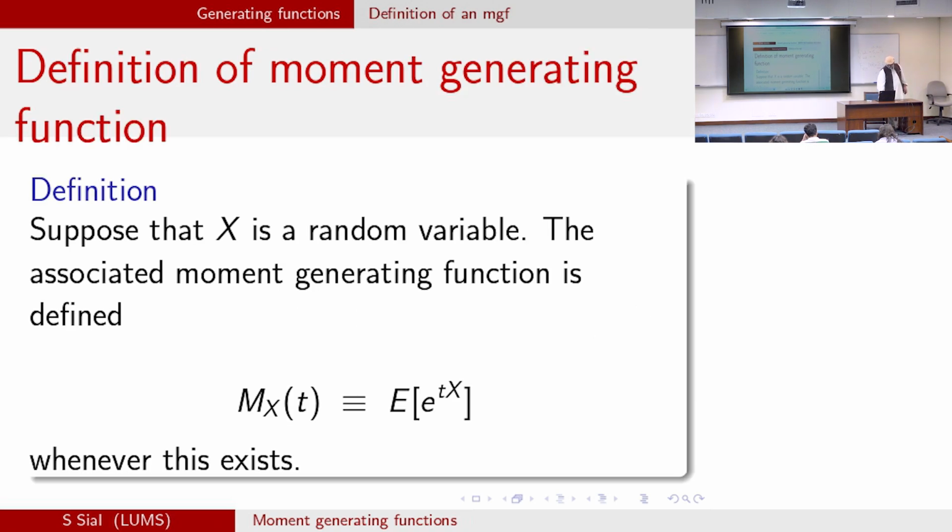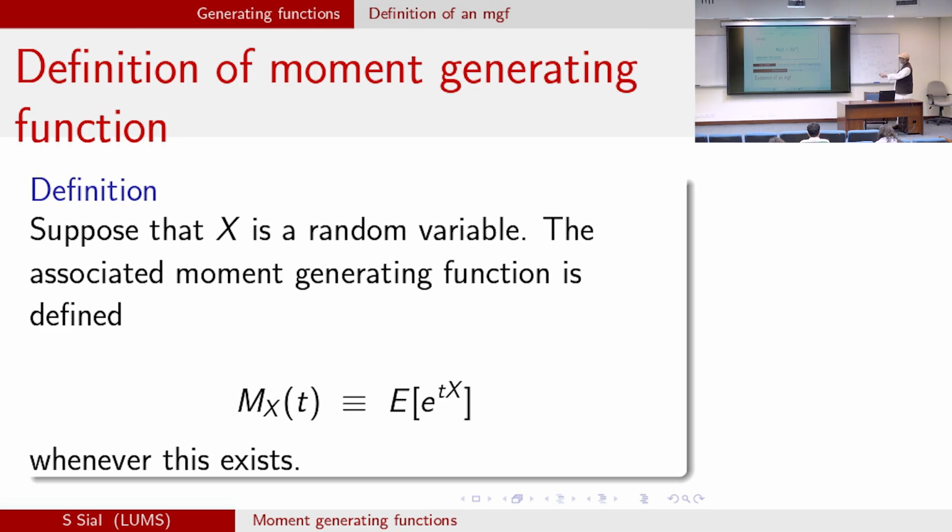Now we define the moment generating function. Remember we talked about expectations of a random variable, variances of a random variable, and so on and so forth.